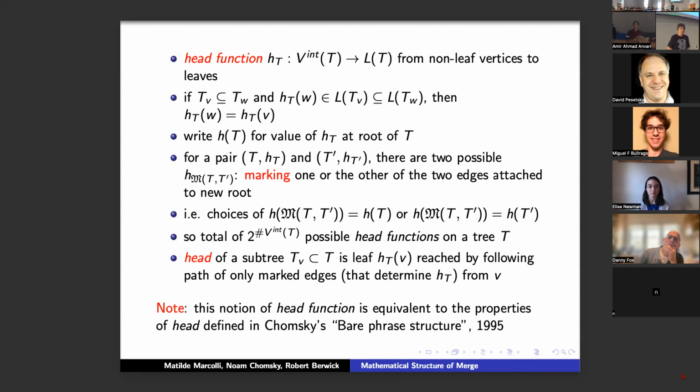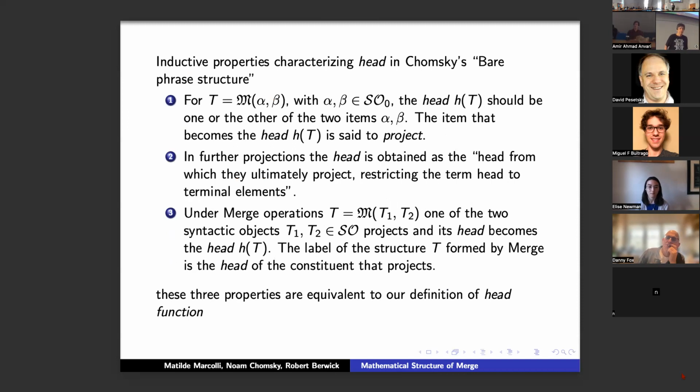Okay, so this maybe at first sight doesn't look like it, but this definition of head function that I just gave is in fact the same as the notion of head that Noam had in his paper on phrase structure. This is the way that he characterized it there.